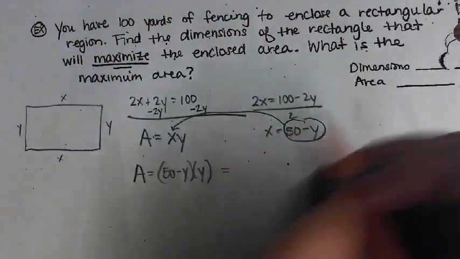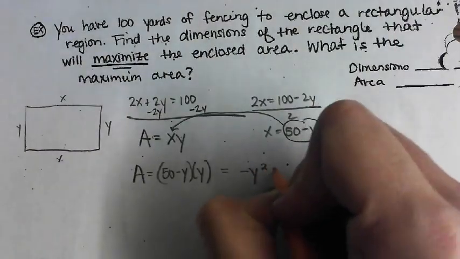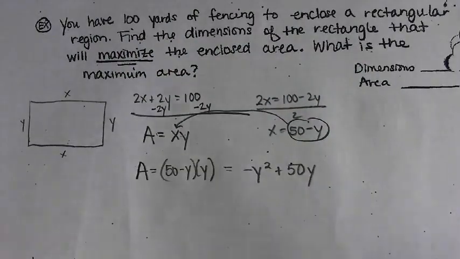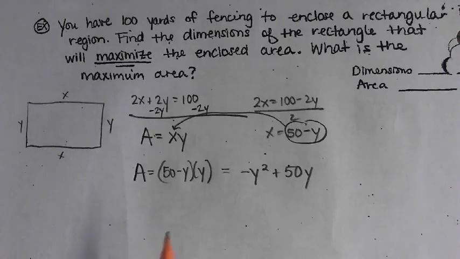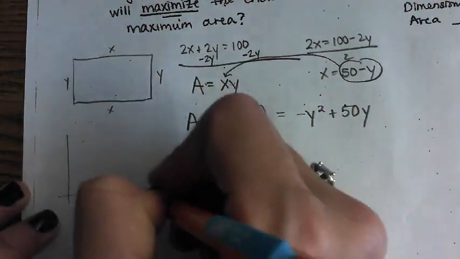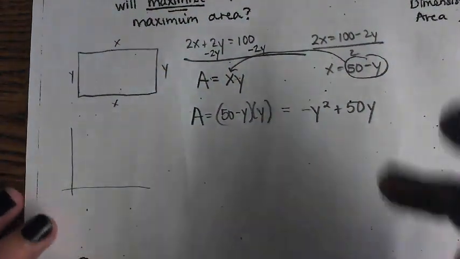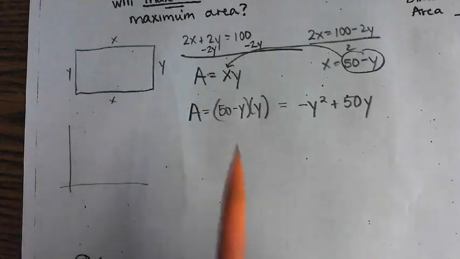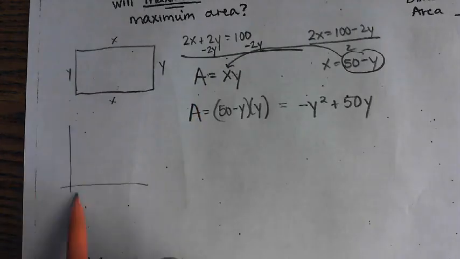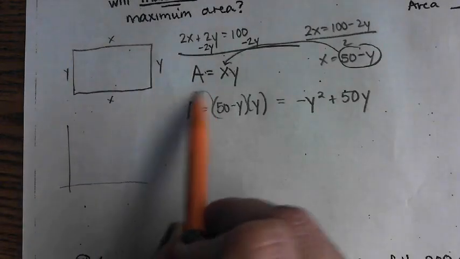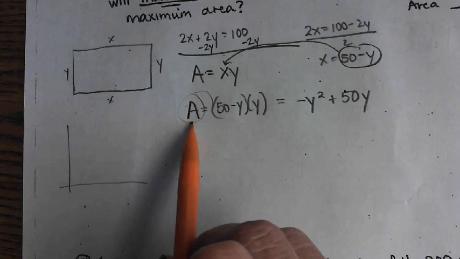So what that just did for me, if I do distribute, or I don't have to, is it gave me a formula for the area based on just the y coordinate alone. Okay, so if I'm looking at a graph and I were to graph this parabola, now this is a little confusing because the y-axis here is actually our area, right?